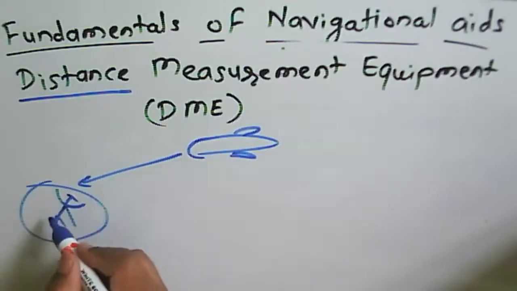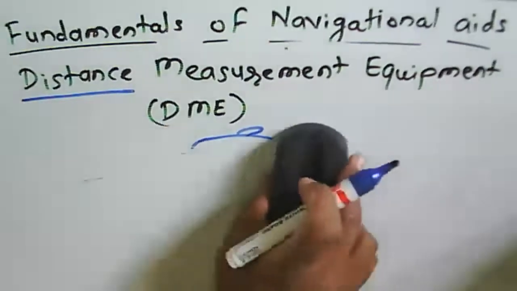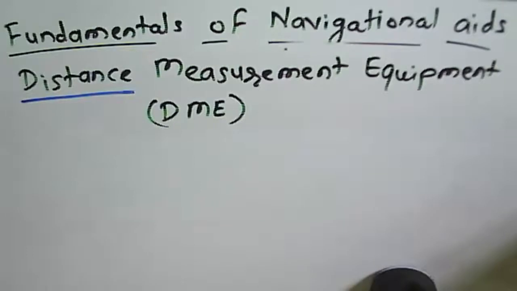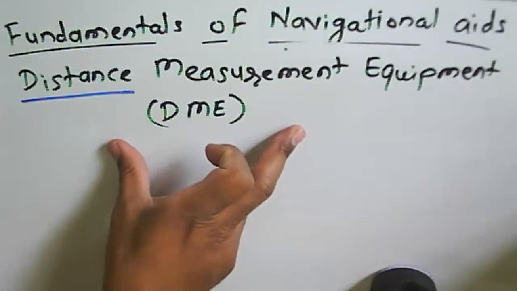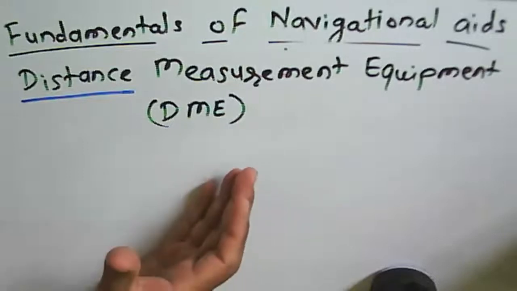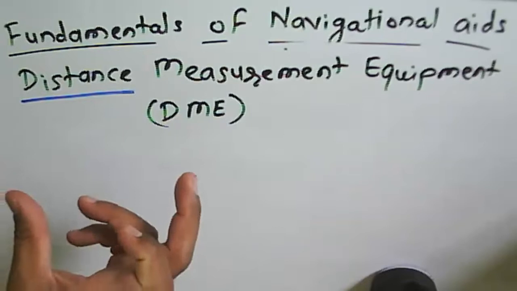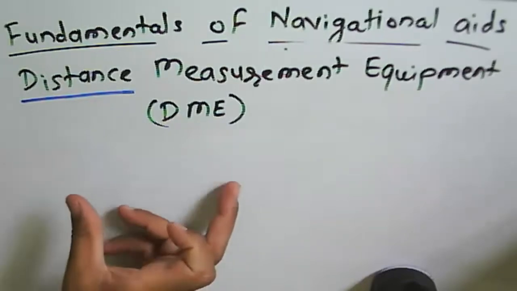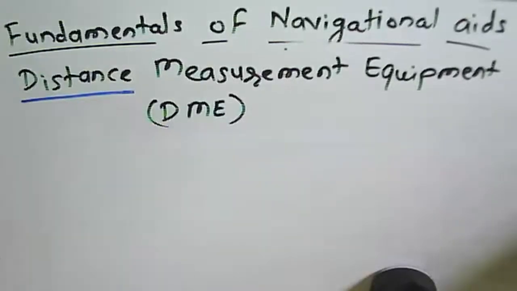The distance from the aircraft to the airport. Likewise, mostly we consider a measurement of distance, and this distance measurement equipment is used at an airport. The distance between the aircraft and the DME is obtained through the transmitted signal.